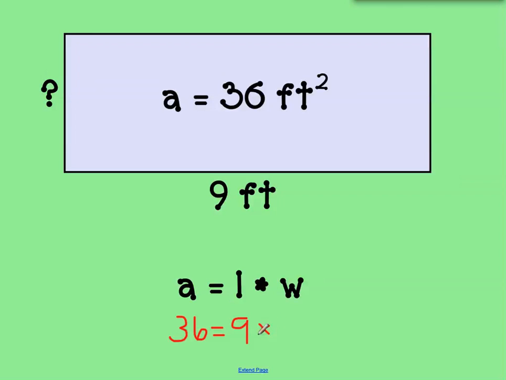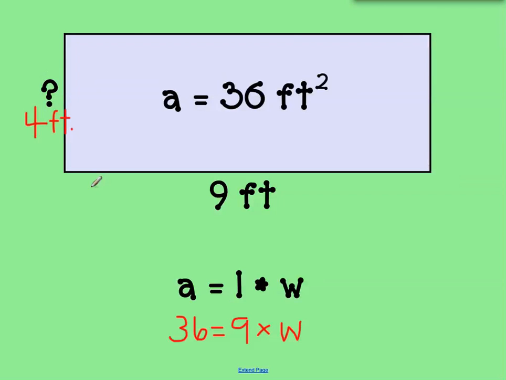And I'm going to leave my variable as W because that is the unknown information that I'm trying to solve. So what I have now is 36 equals 9 times some number. And you should know, because you know your multiplication facts pretty easily, that 36 is 9 times 4. So in this case, my width would be 4 feet.